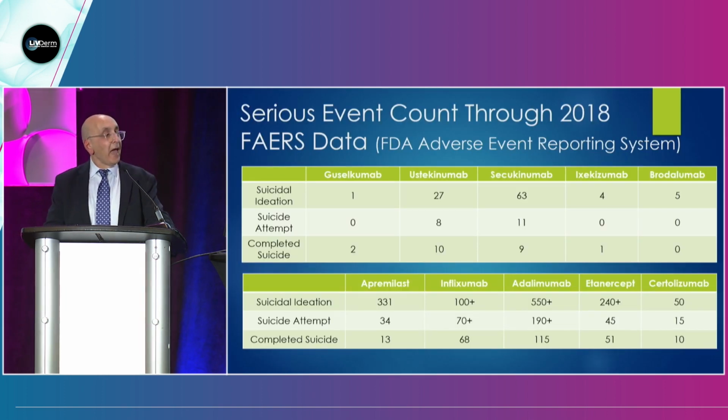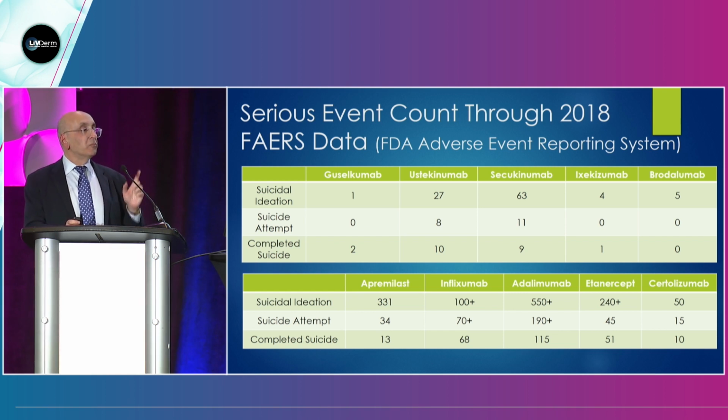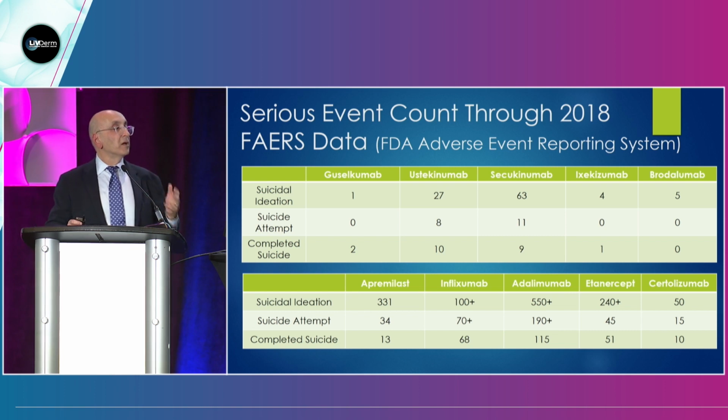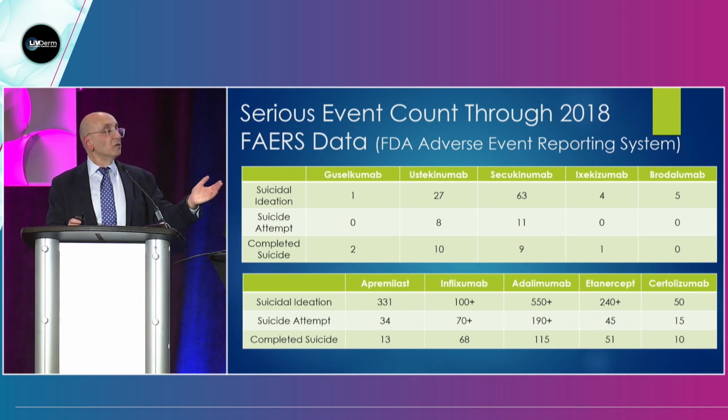So when we look at serious adverse events, it's called the FAERS data, the FDA Adverse Event Reporting System. Depression for every biologic in this country from when biologics started to 2018, you see that most of them do have something, suicide attempt, completed suicide. Actually, the most common one, 115, is adalimumab, right?